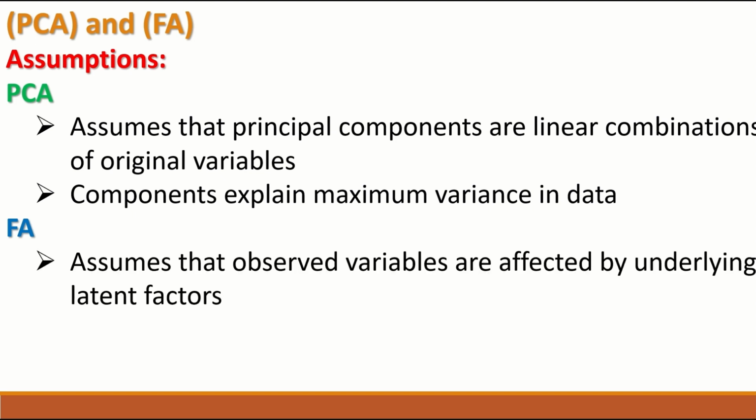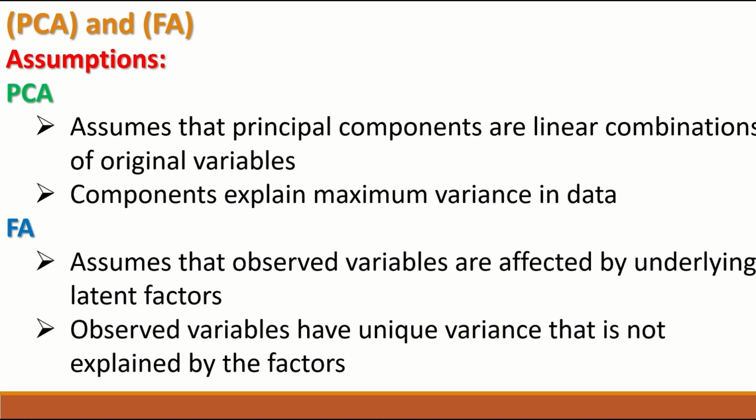The FA assumes that the observed variables are affected by underlying latent factors. Those observed variables have a unique variance that is not explained by the factors. So FA will look for common factors and unique factors.